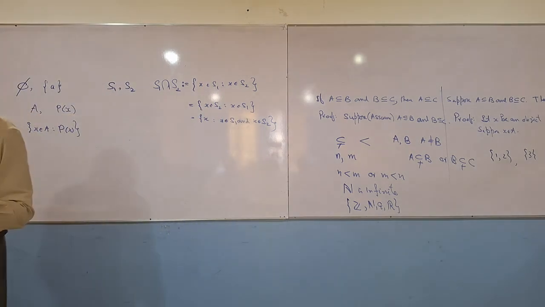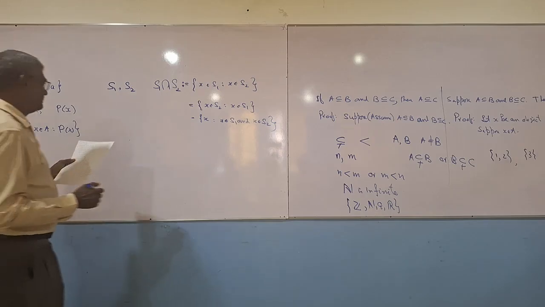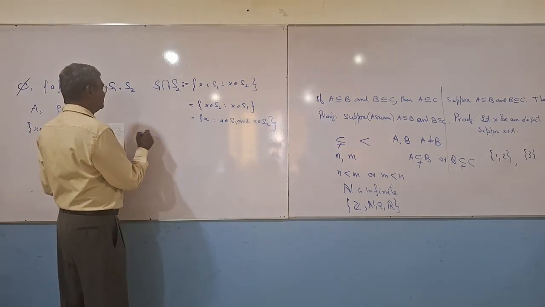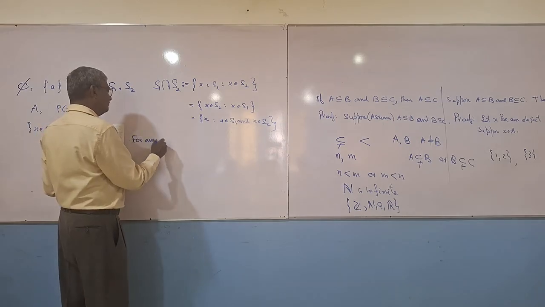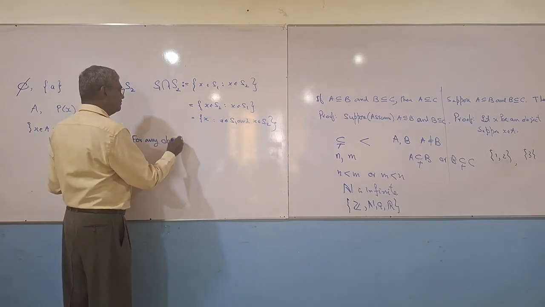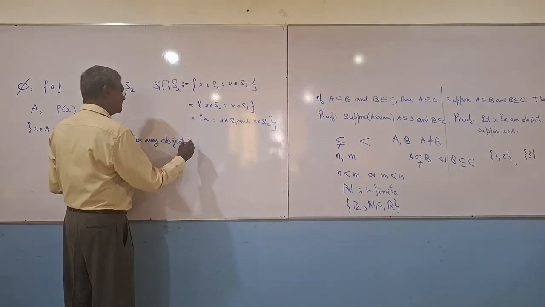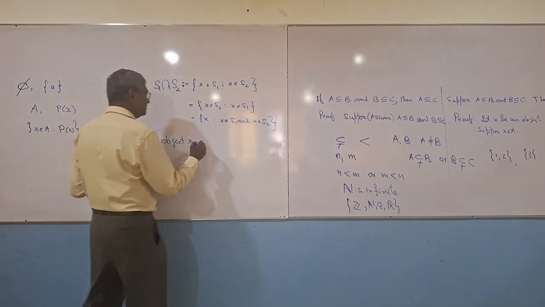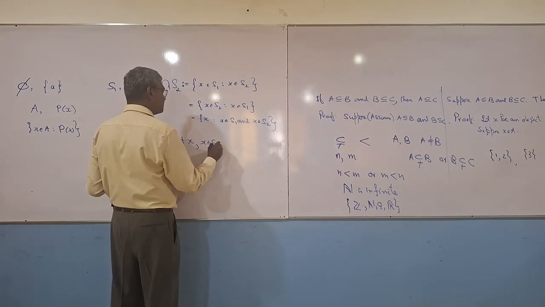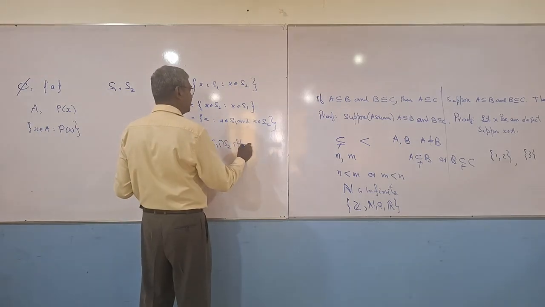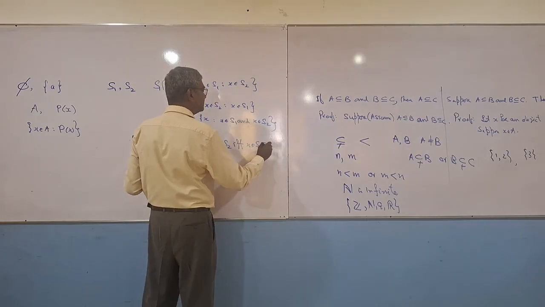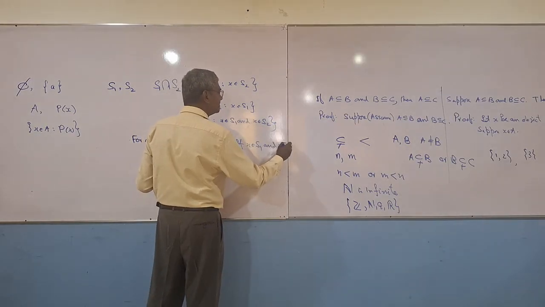I guess you knew the intersection when you were doing O level. He says thus, for any object x, x belongs to S1 ∩ S2 if and only if x belongs to S1 and x belongs to S2.